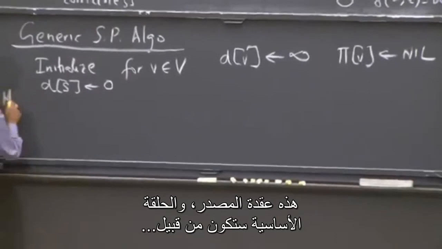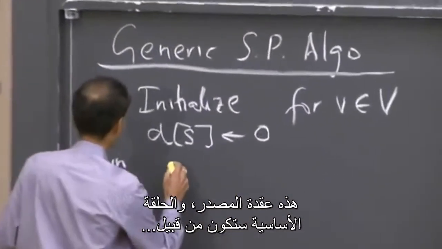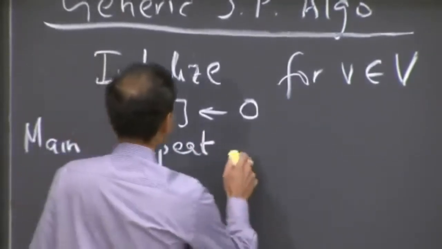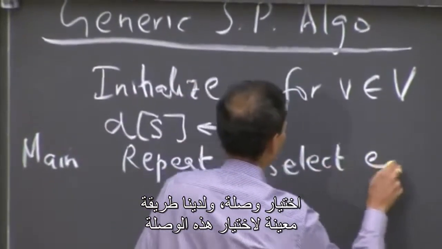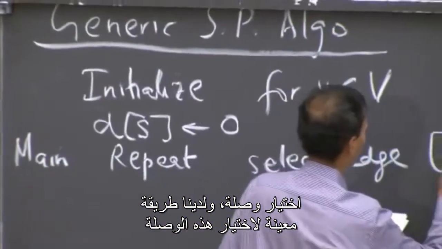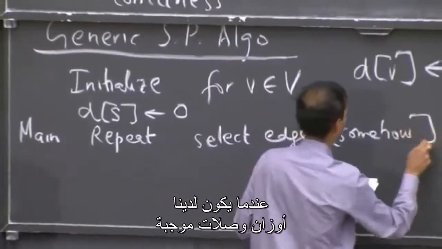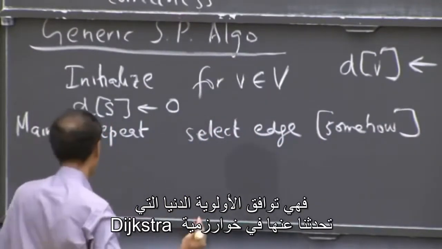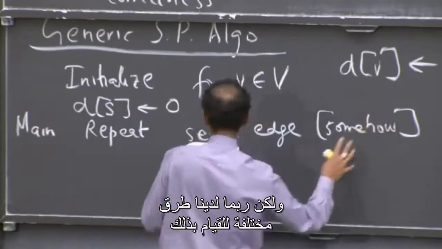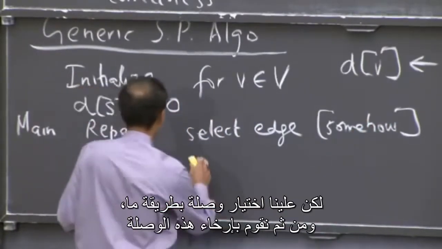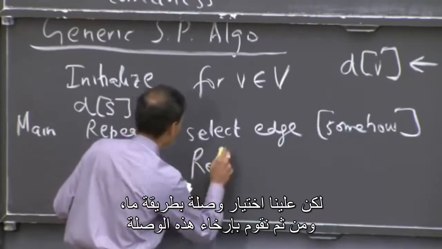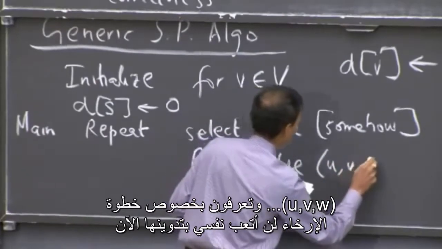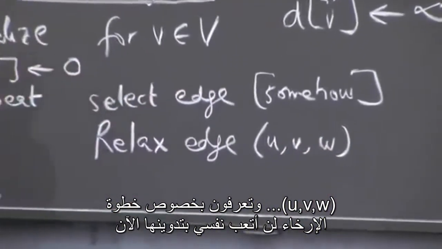And the main loop would be something like repeat select an edge, and we have a particular way of selecting this edge when we have positive edge weights that corresponds to the minimum priority. And we talked about Dijkstra, but we have maybe different ways of doing that. But you have to select an edge somehow. And then we relax that edge, u, v, w.